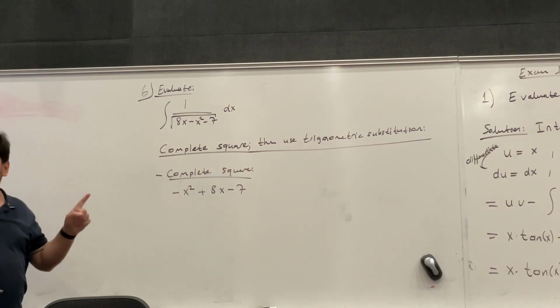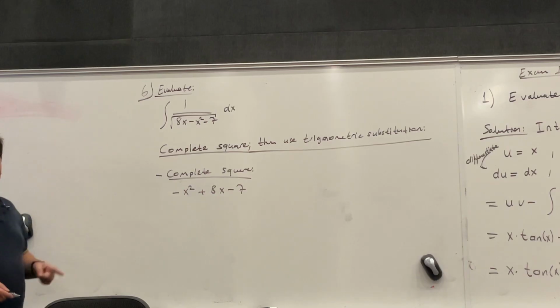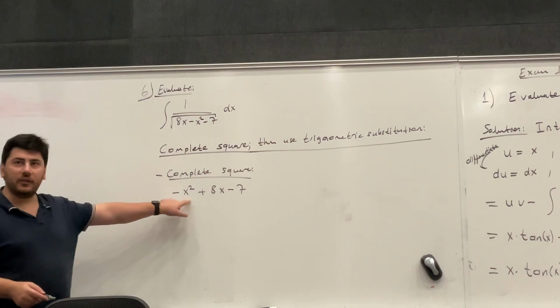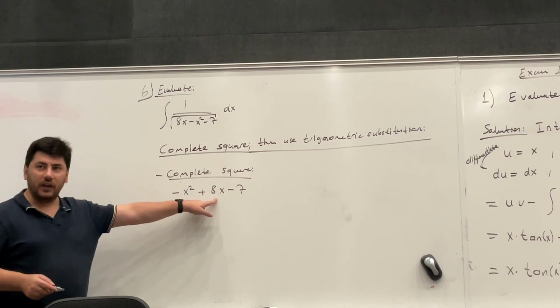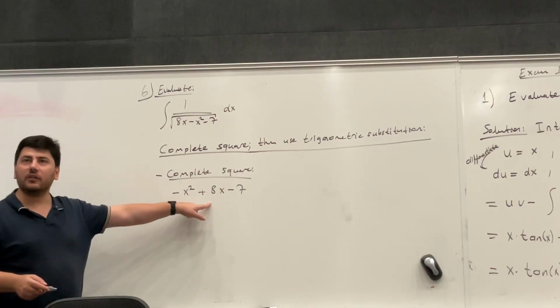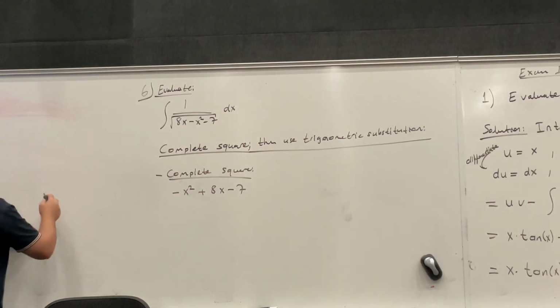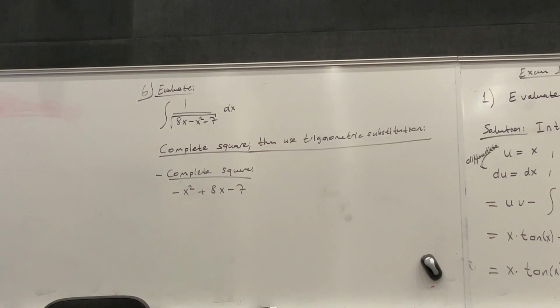If there's a square here, whose square is it? There's an x squared and 8x. If their signs are opposite, like this, the expression is this and minus this. When you complete the square, it would be x squared minus 8x.